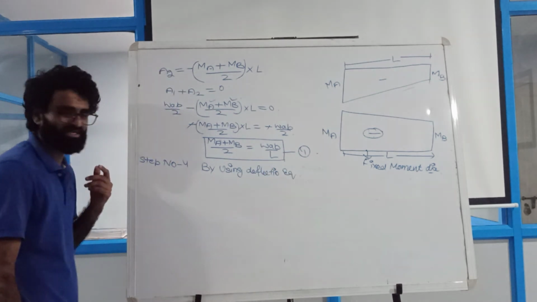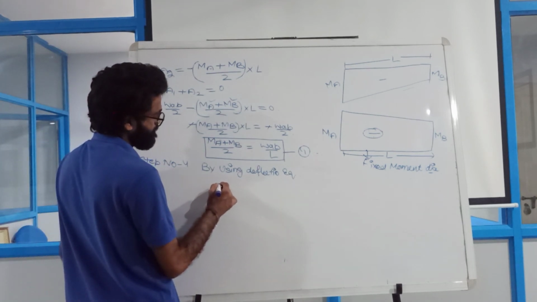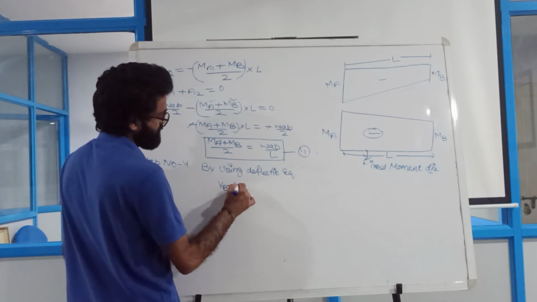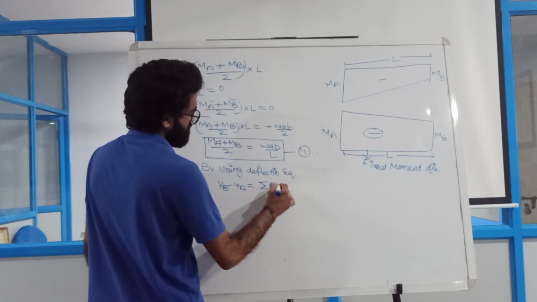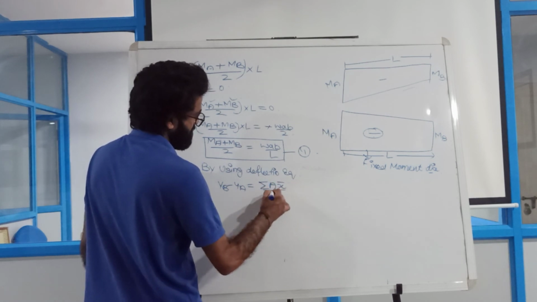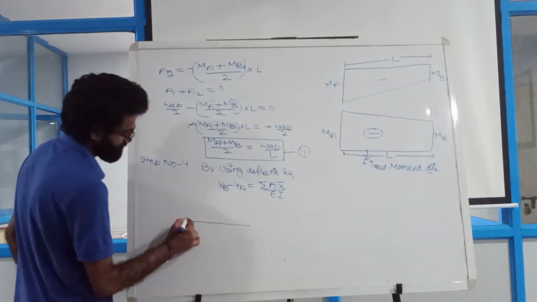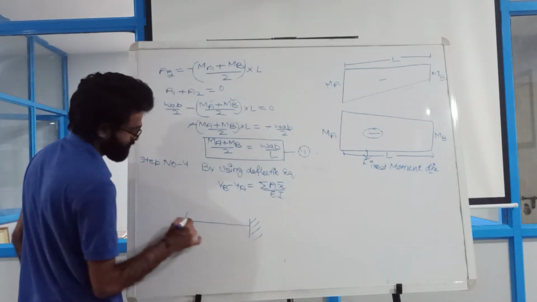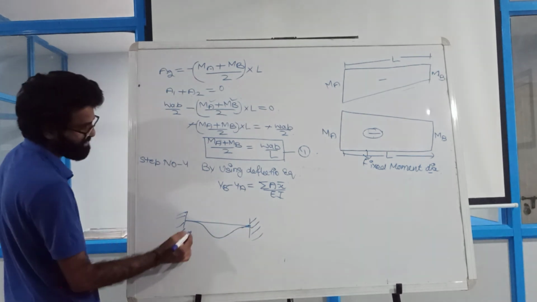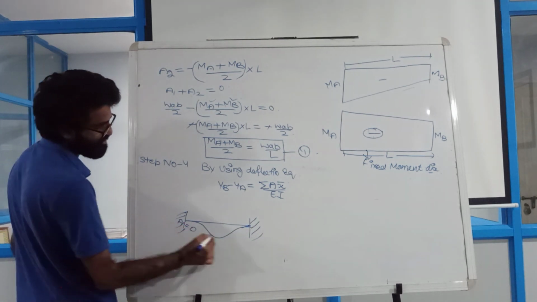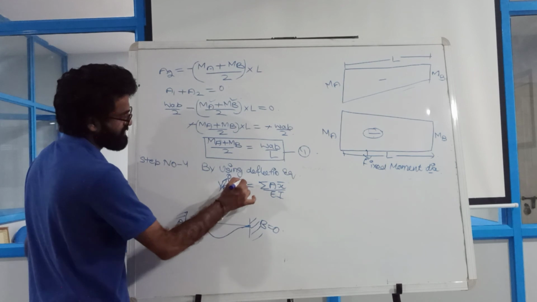All of you know the deflection equation, I need not tell, but let us say it is YB minus YA is equal to summation of AX bar divided by EI. For a fixed beam, where both ends are fixed, the deflection diagram comes like this. So deflection at A is equal to 0 and deflection at B is also 0.